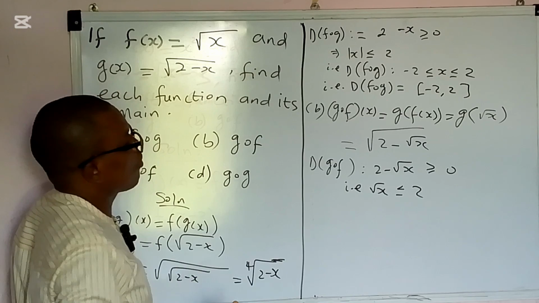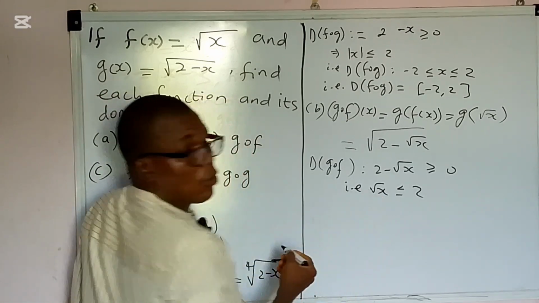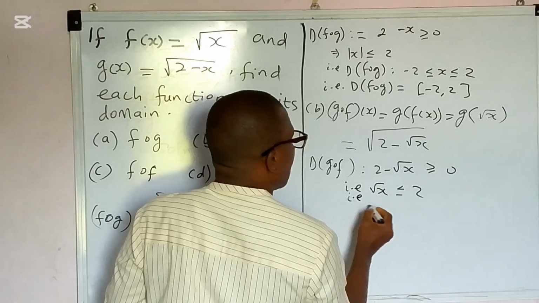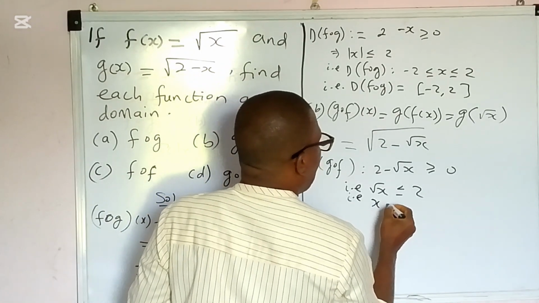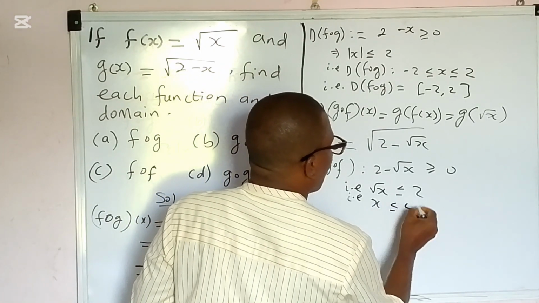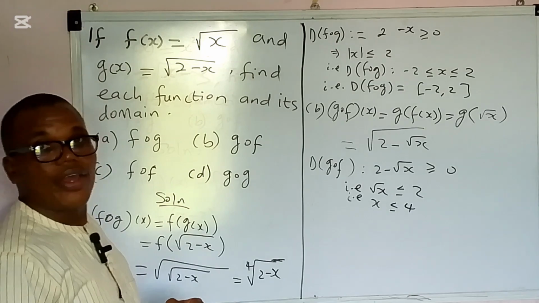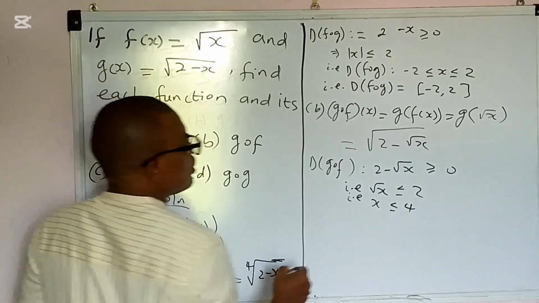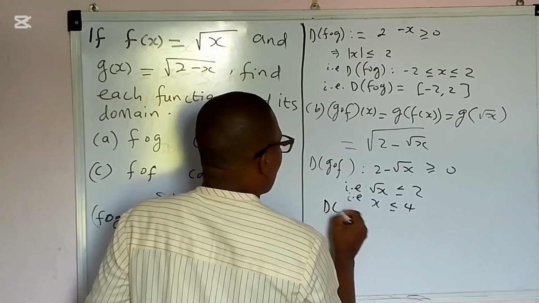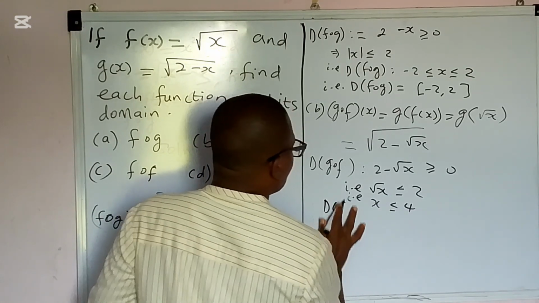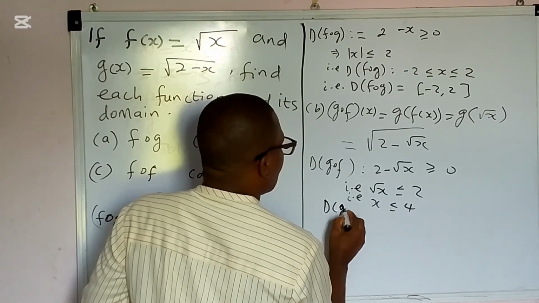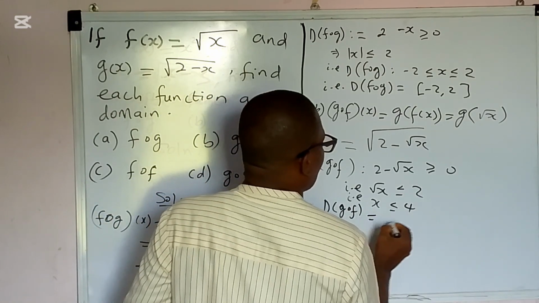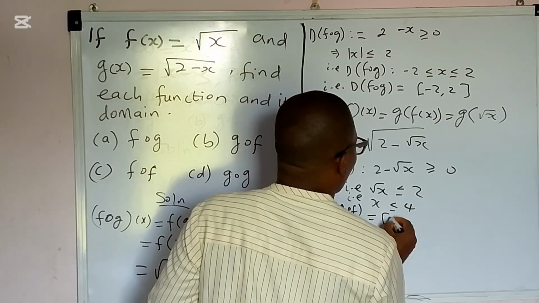Of course, you don't want this square root, so you can square both sides. That is, you have that x is less than or equal to 4. And here you discover that the domain of g composition f will be 0, 4.